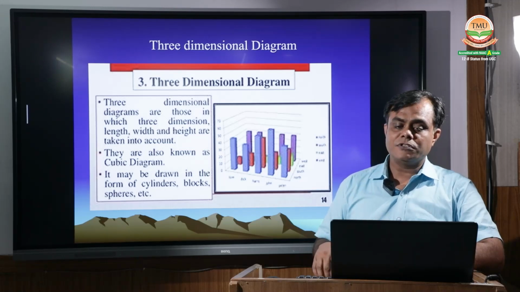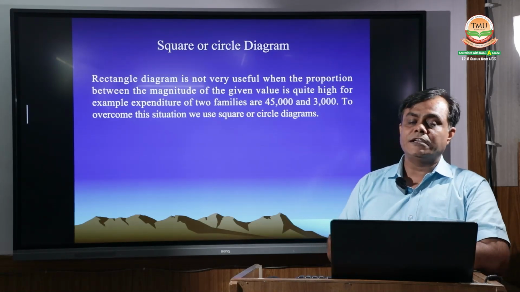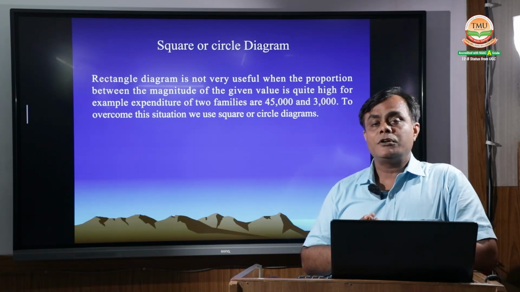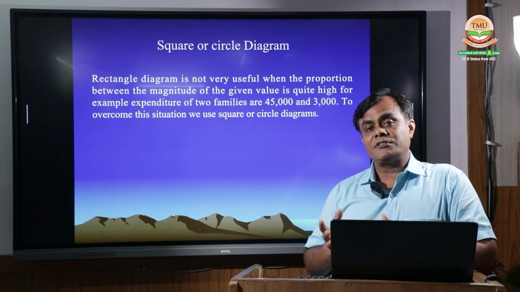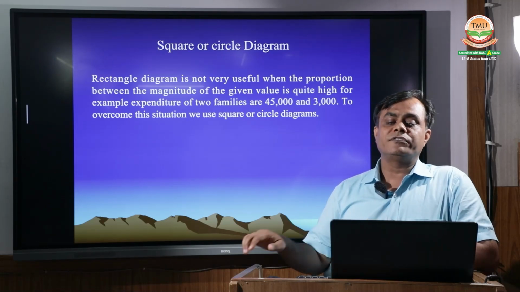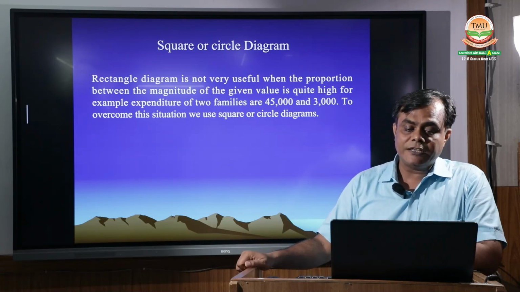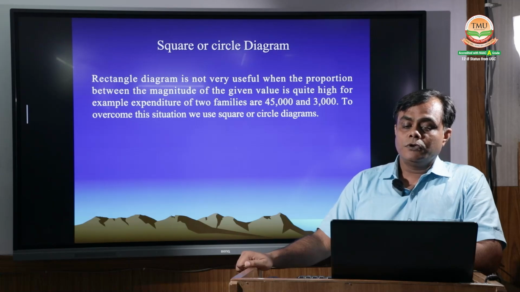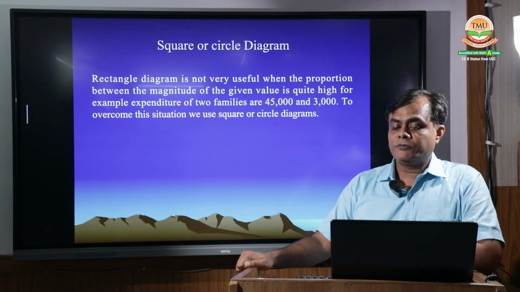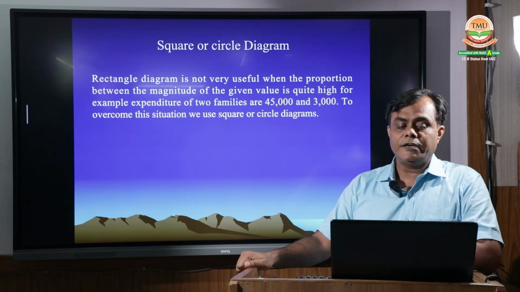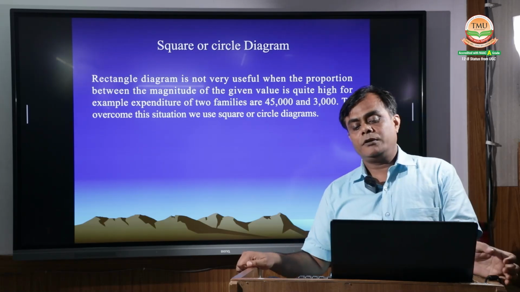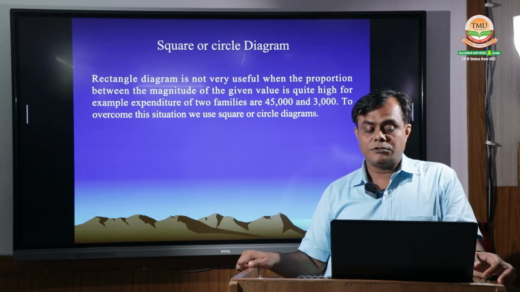So the next type is the square or circle diagram. When you are putting information in a square format or in a circle format, that is called a square or circle diagram. A rectangular diagram is not very useful when the proportion between the magnitudes of the given values is quite high, for example, the expenditure of two families is 45,000 and 3,000.